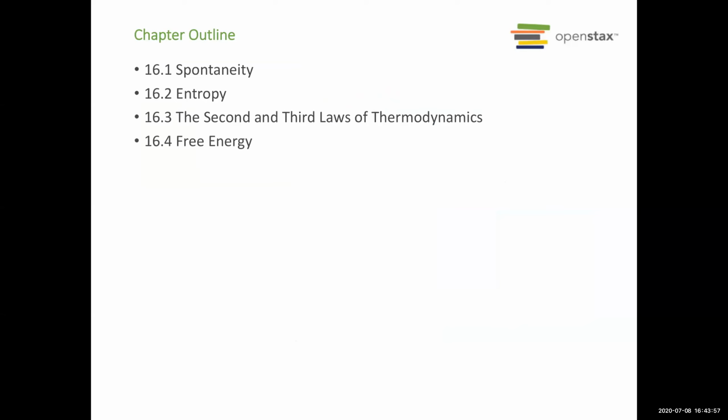In this chapter, we will learn what makes processes spontaneous from a thermodynamic explanation. We will define entropy and learn what it is. And also in this chapter, we will introduce two new laws of thermodynamics, the second and third laws of thermodynamics.